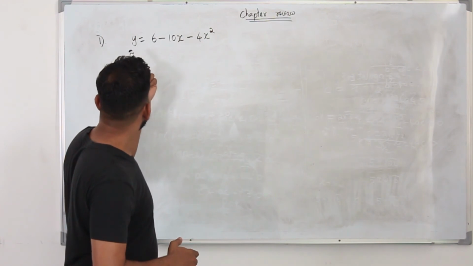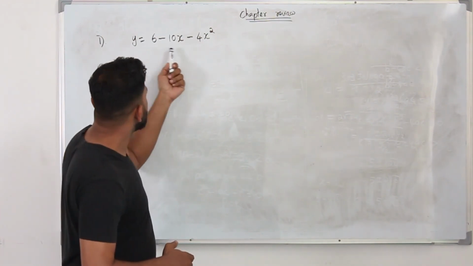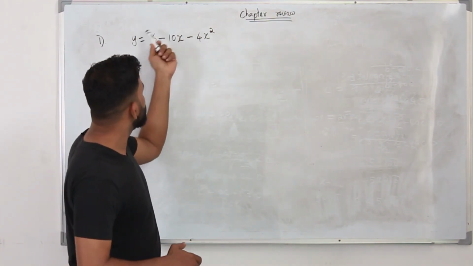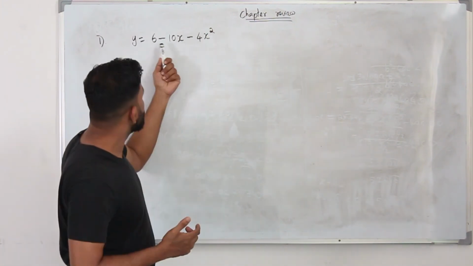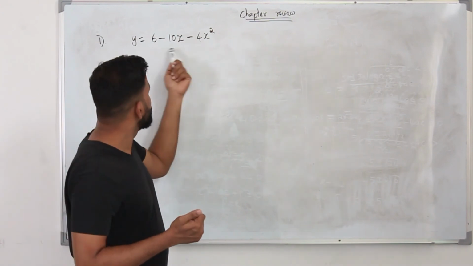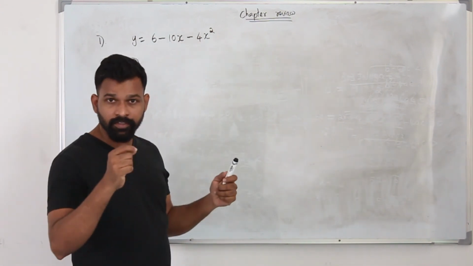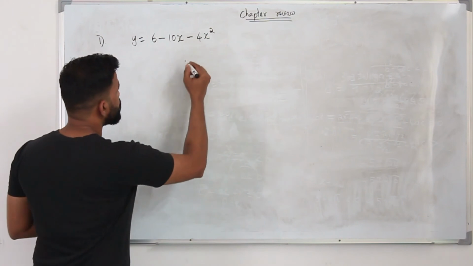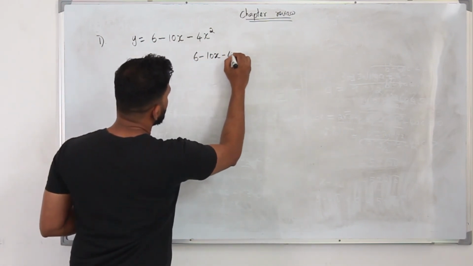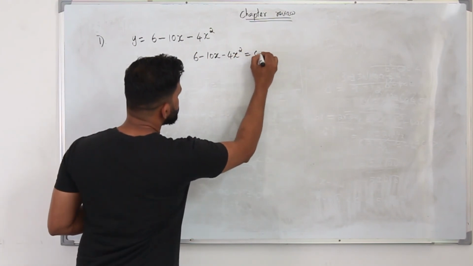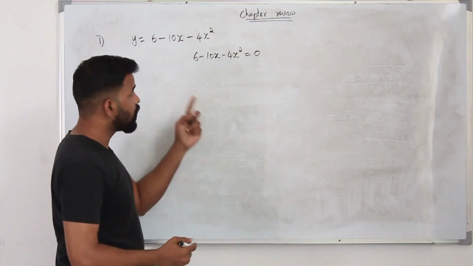Now I'm going to solve a few questions from this chapter review exercise. Question number 1, they ask you to sketch the graph for this quadratic function, 6 minus 10x minus 4x squared. First, you need to solve this quadratic equation and find the roots. So write it as an equation equal to 0.